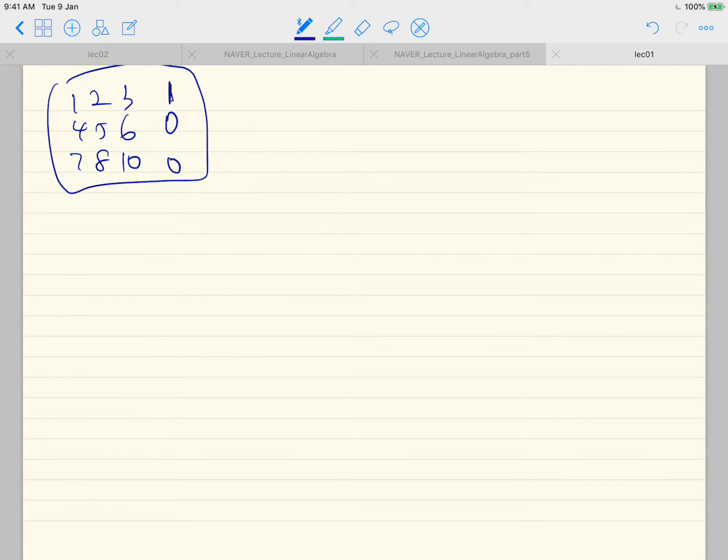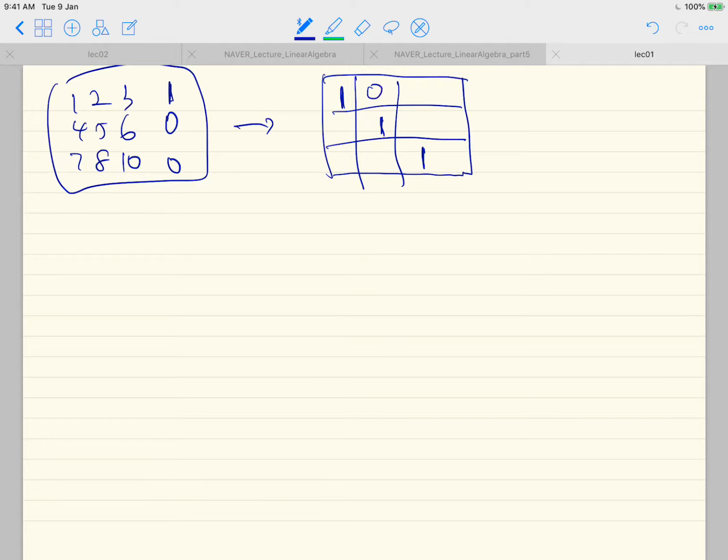Let's just imagine the final result of the Gaussian elimination, and suppose it is like 1, 1, 1, and 0, 0, 0, 0, 0.